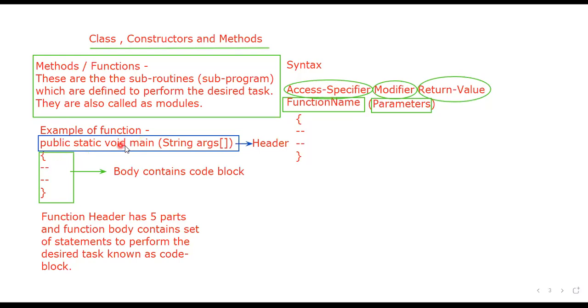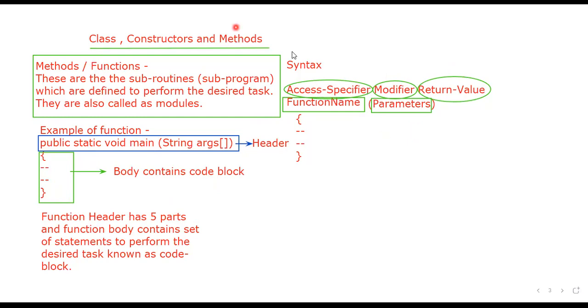Example of function: public static void main, in the bracket string args. This is the head part of the function, and then comes the body part which contains block code. Function header has 5 parts: the access specifier, modifier, return value, function name, and in the bracket parameters.